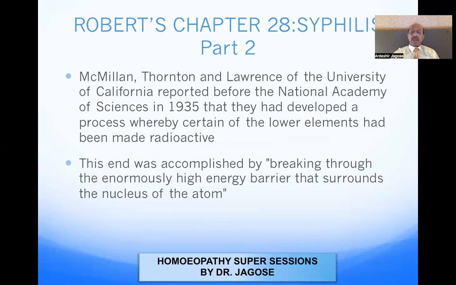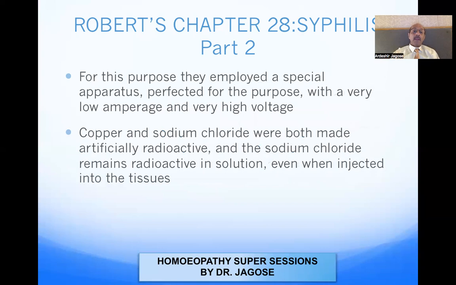This was accomplished by breaking through the enormous high energy barriers that surround the nucleus of the atom. For this purpose, they employed a special apparatus perfected for the purpose, with a very low amperage and very high voltage.